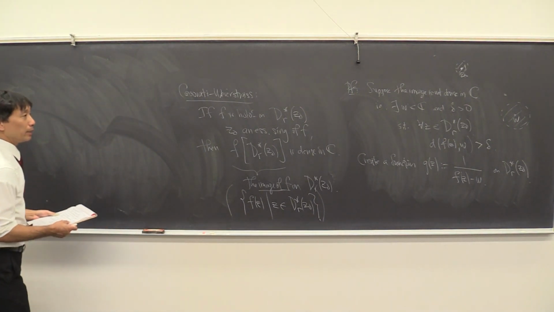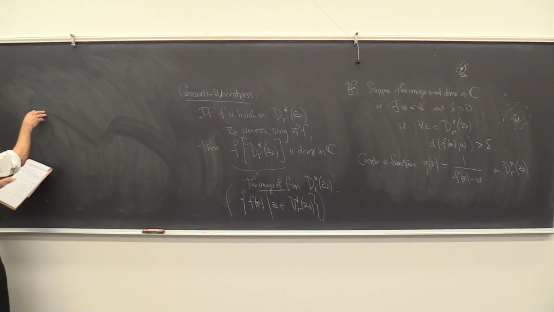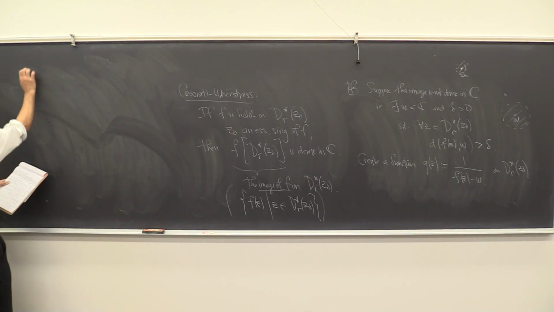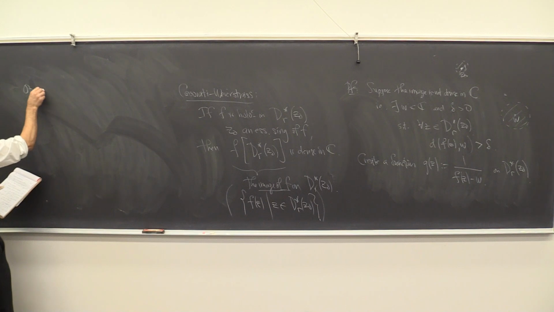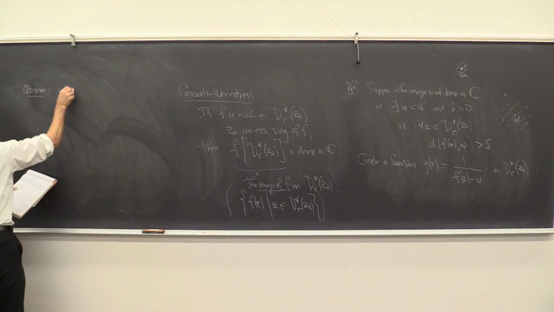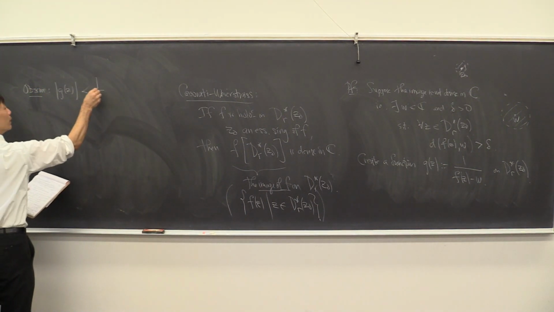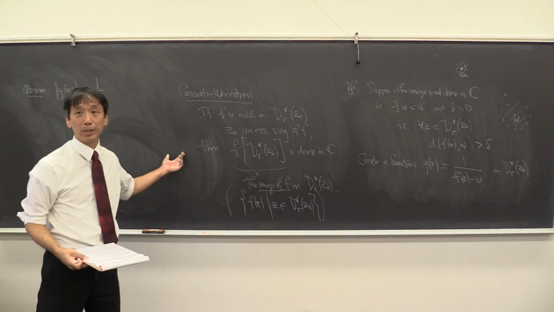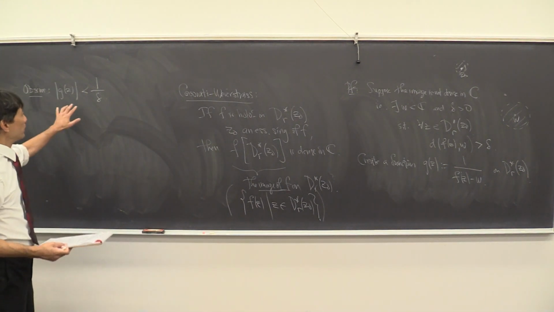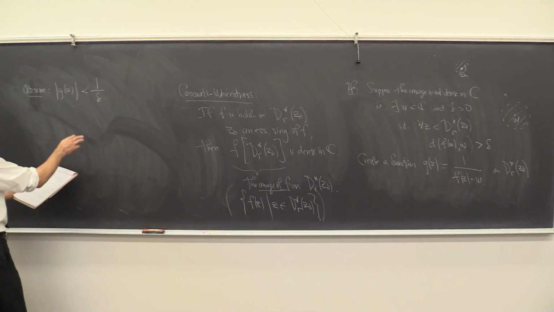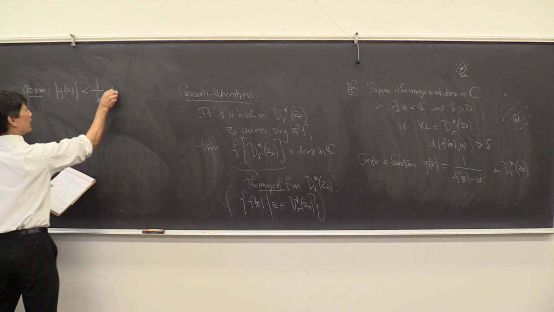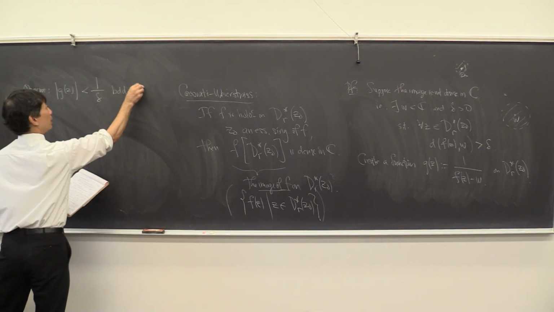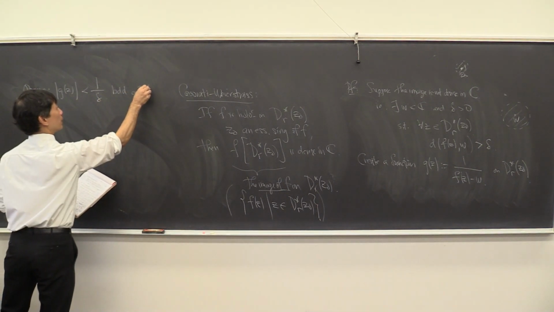What's the point? This function is bounded. Observe that g of z is smaller than 1 over delta, because all those distances are bigger than delta. So it's bounded on that disk.